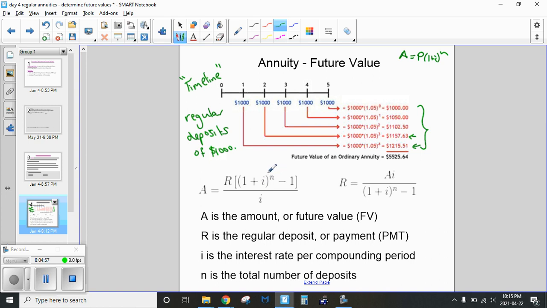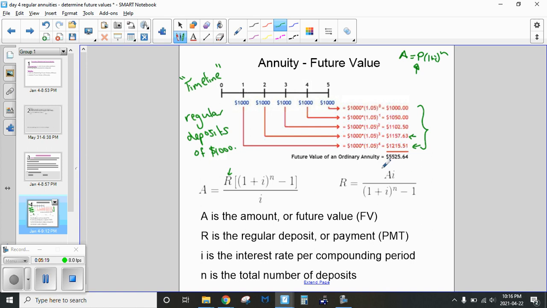So I and N and A all have the exact same meaning as with our old compound interest formula, and the only thing that's new here is that instead of having one lump payment or principal, we're breaking it up into many small regular payments. So the formula looks different, a little bit more complicated, but the idea behind it is kind of the same.